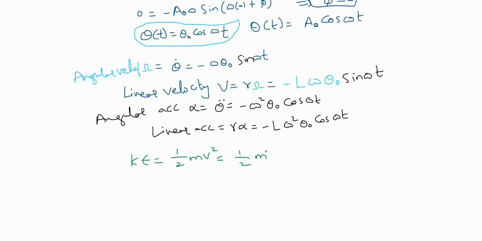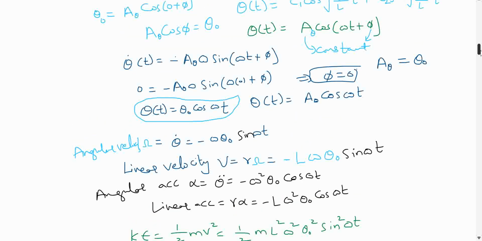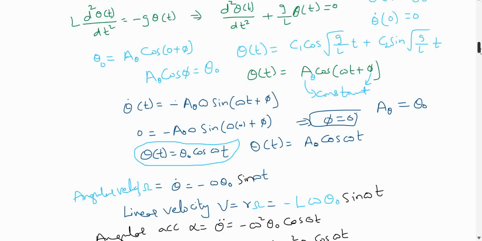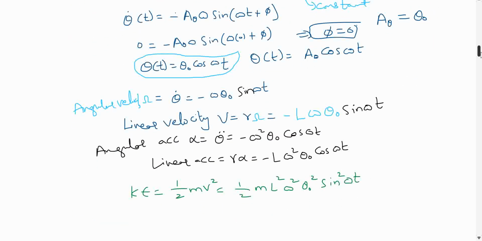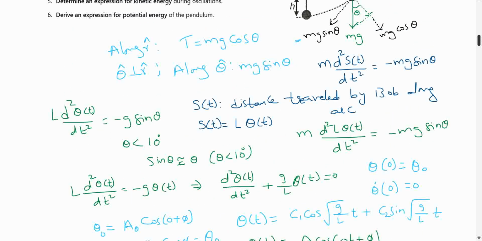So half into m into linear velocity, which is L square omega square theta naught square sine square omega t. Next we have to find the potential energy.